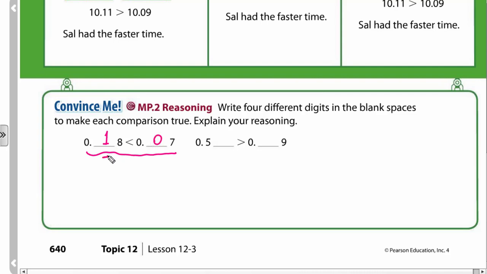Now, this is less than this. It must be true. Oh yes, we can use 2. We should use a number greater than 1. Any digit greater than 1. So we can use 2, 3, 4, any other digit greater than 1. Okay, thank you, Muhammad. Great work.